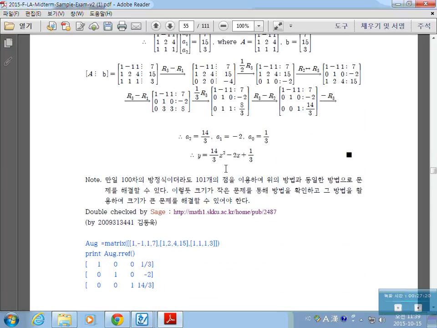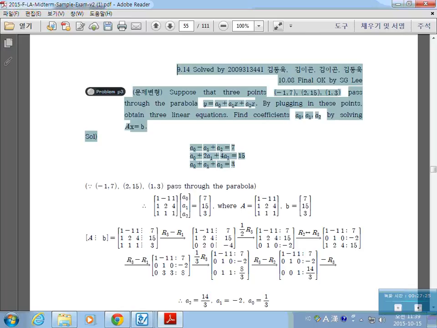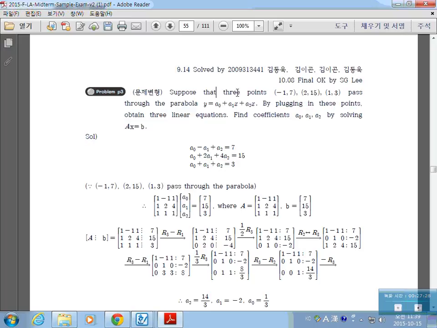And here, this is another interesting problem that you may see in the exams. Suppose 3 points are given, and find a parabola that passes through all these 3 points. Then from here, you can build up a linear system of equations, because each of these points satisfies this, so we can form the 3 equations like this.